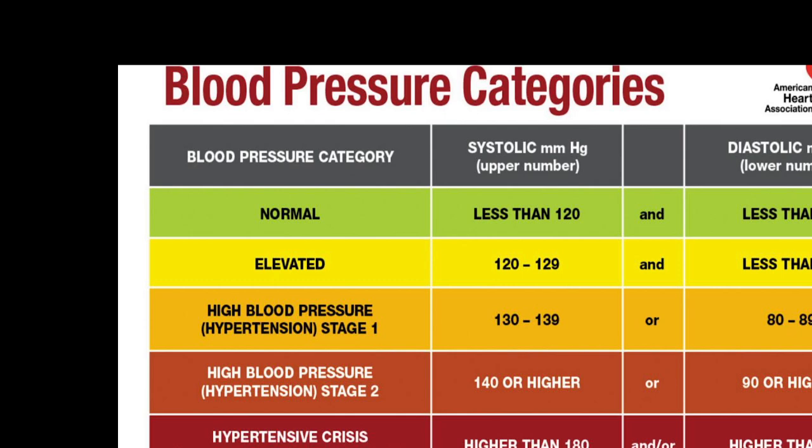If it is between 120 and 129 and the diastolic pressure remains below 80, then it's considered just elevated. A pressure between 130 and 139 is considered high blood pressure stage 1. If it is more than 140, it is considered stage 2. And if the patient has more than 180, then it's considered a hypertensive crisis.